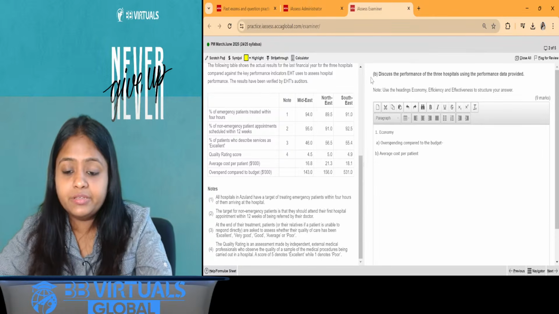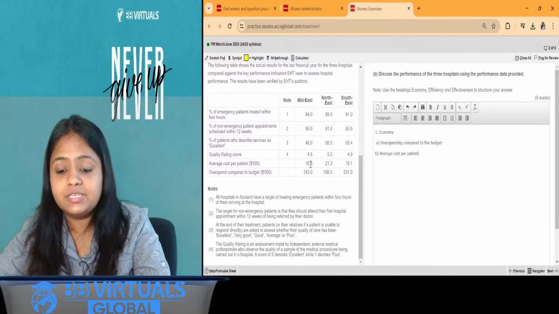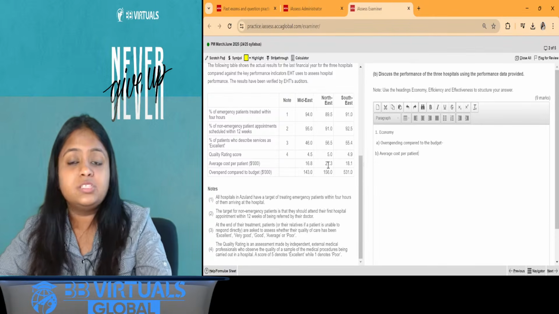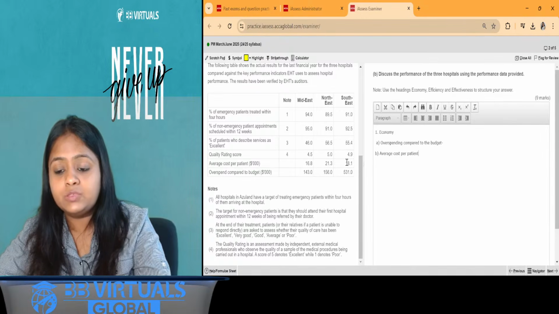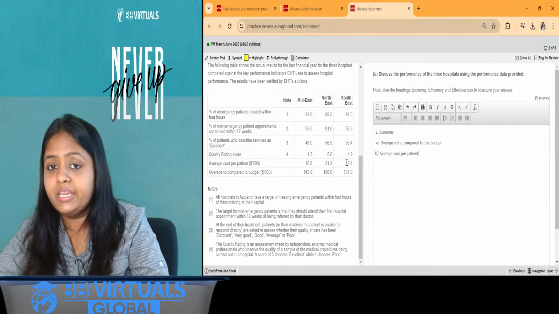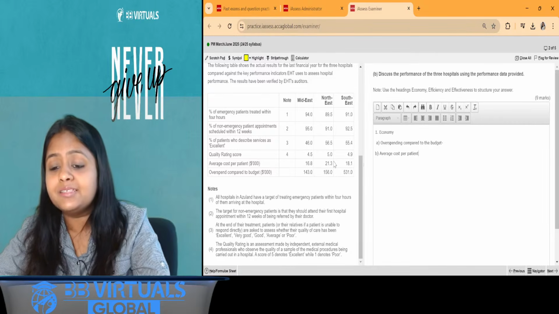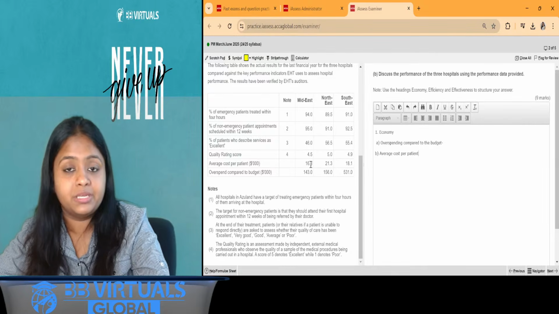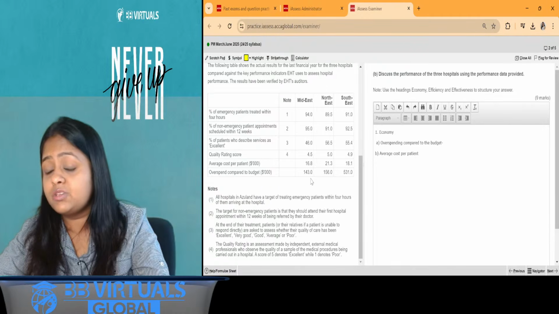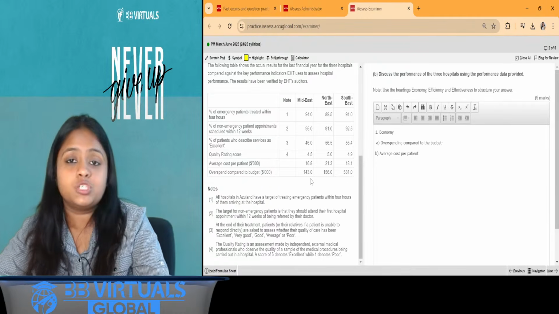The average cost per patient in Mid East is 16.8, Northeast is 21.3, and Southeast is 18.1. It definitely reflects that it is more expensive in Northeast as compared to Mid East. Mid East has the lowest overspending and the lowest cost per patient.